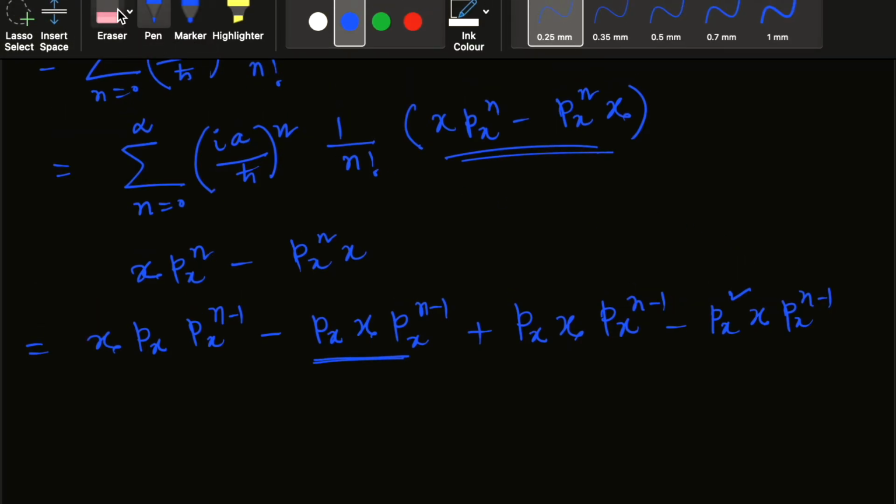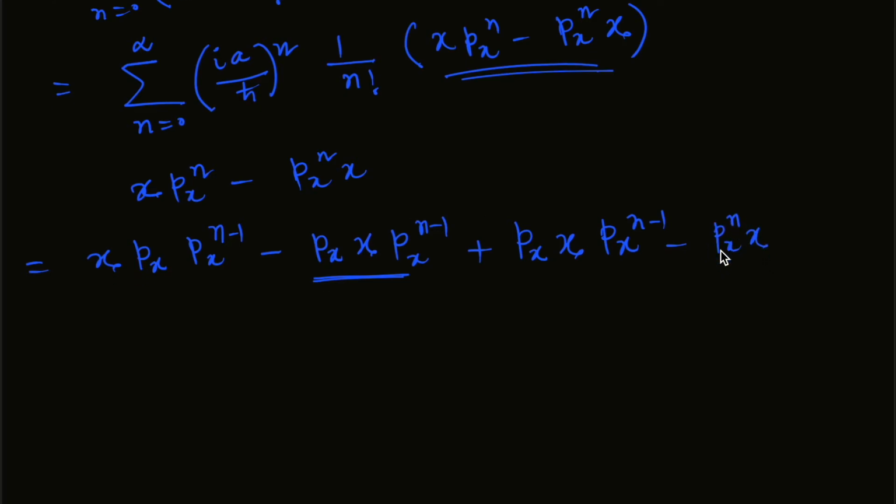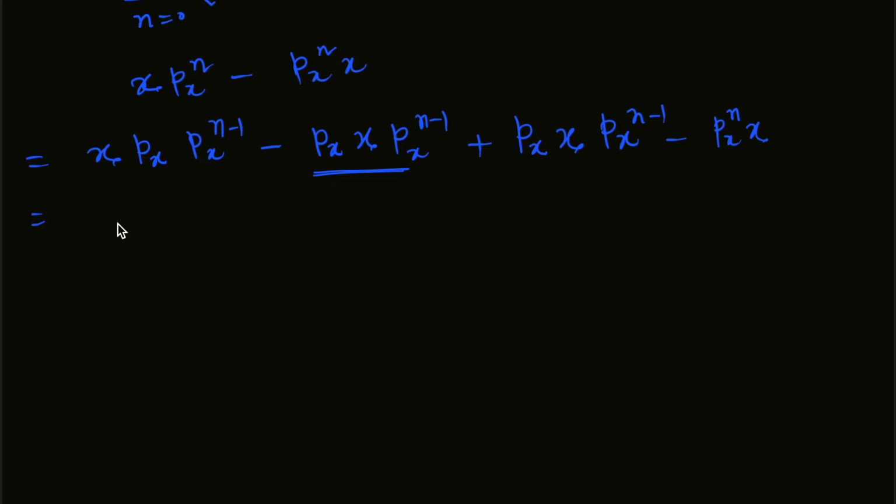So let us write it clearly, then we can understand its meaning. We will write it in the next step. Minus px n x. So that means x px minus px x, px to the power n minus 1, plus this means px x px into px n minus 2.